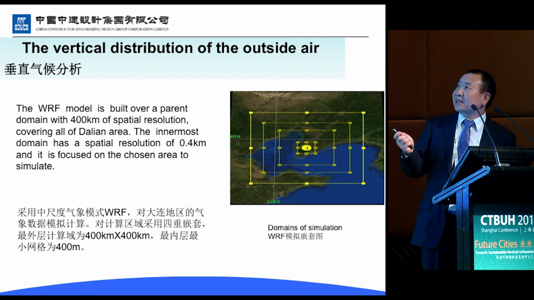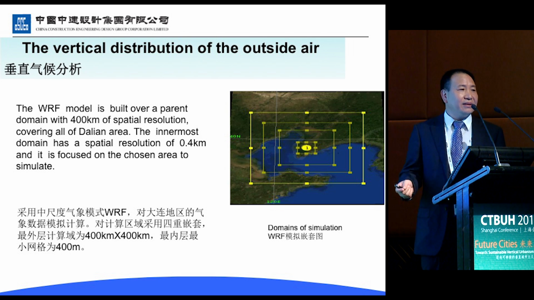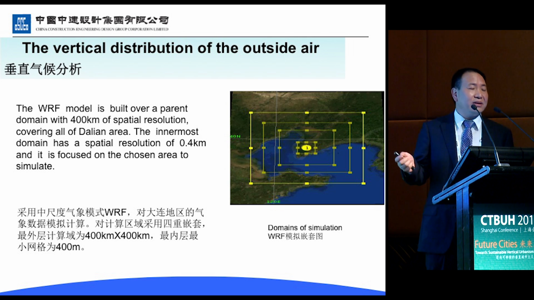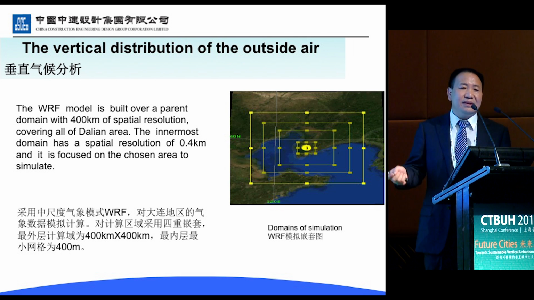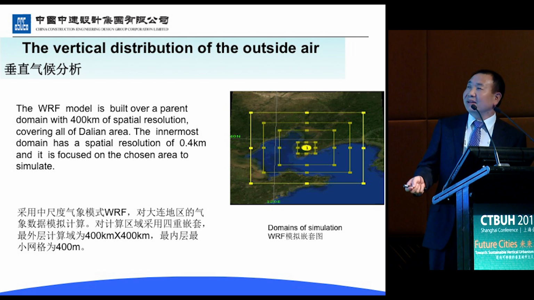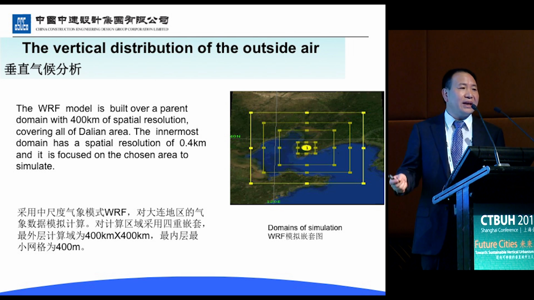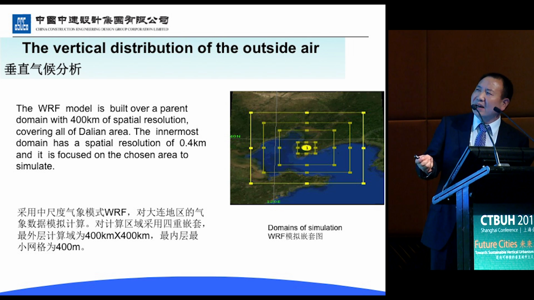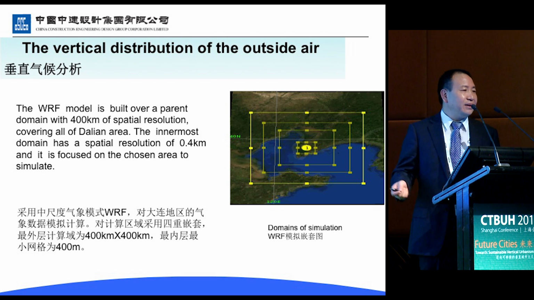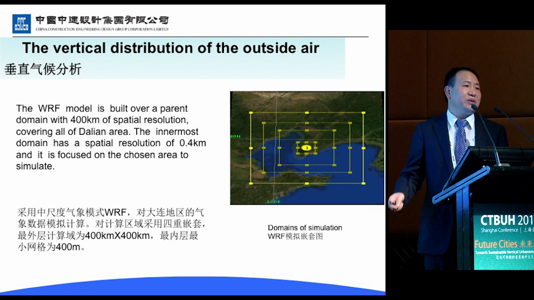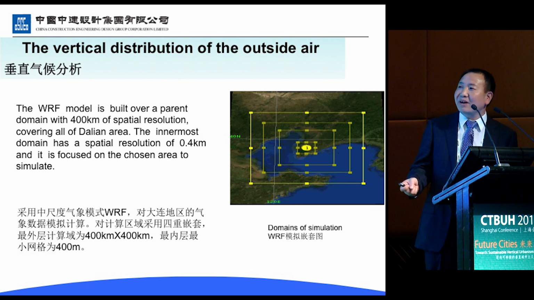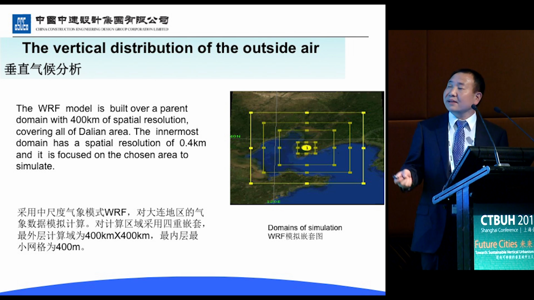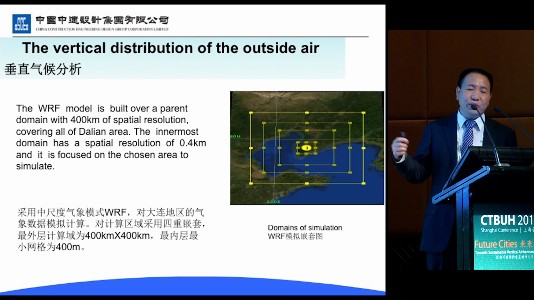Now, this is a vertical distribution of the outside air. Now, you can look at this spot, real-time, the ground temperature and the humidity and some of the wind data. This is a software. It's called the WRF software. And this WRF model is built over a parent domain with 400 kilometers of spatial resolution covering all the Dalian area.